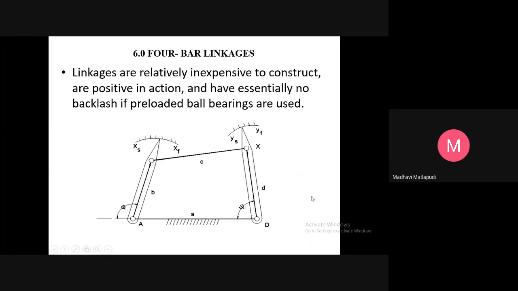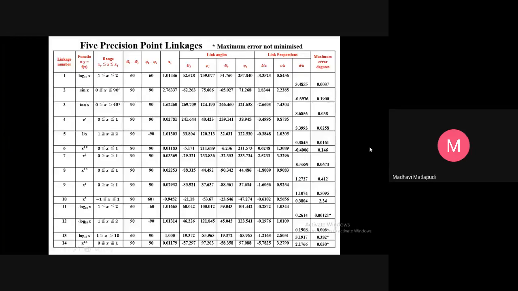Now, to understand this better, this combination of linkages, link proportions, input angles, and the start and end of the input and output angles are charted in tabular form in this way.